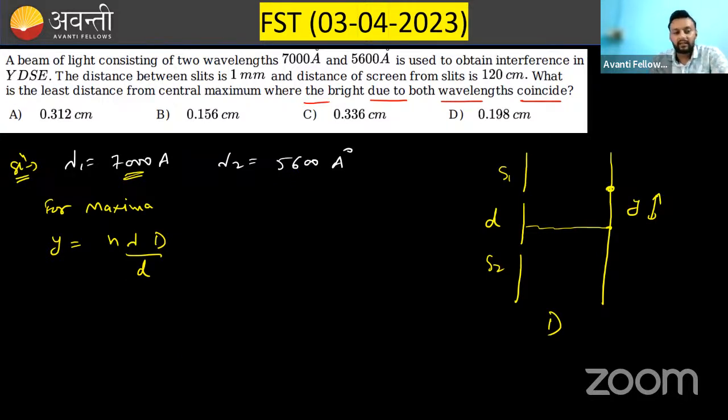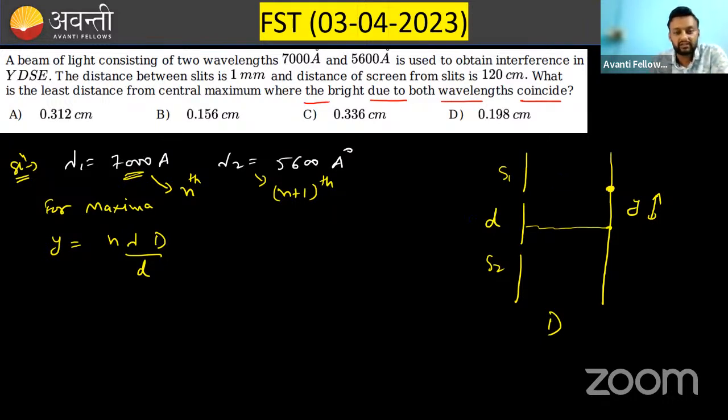The conclusion, or you can say the punchline, is that if the nth maxima of lambda 1 is at this point, then the n plus 1th maxima of lambda 2 will be at the same point for the minimum separation.